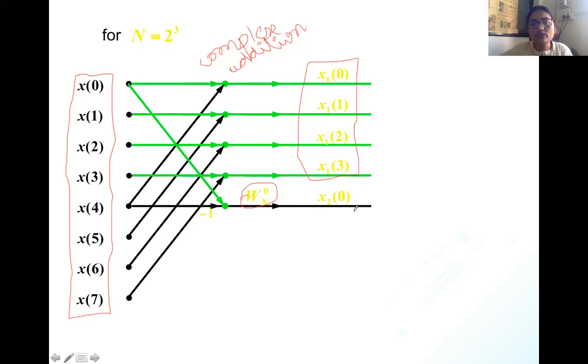Then for the next point, x of 1 minus x of 5, this subtraction is carried out and multiplied by the twiddle factor W raised to 1 suffix 8, and the second odd point is calculated.